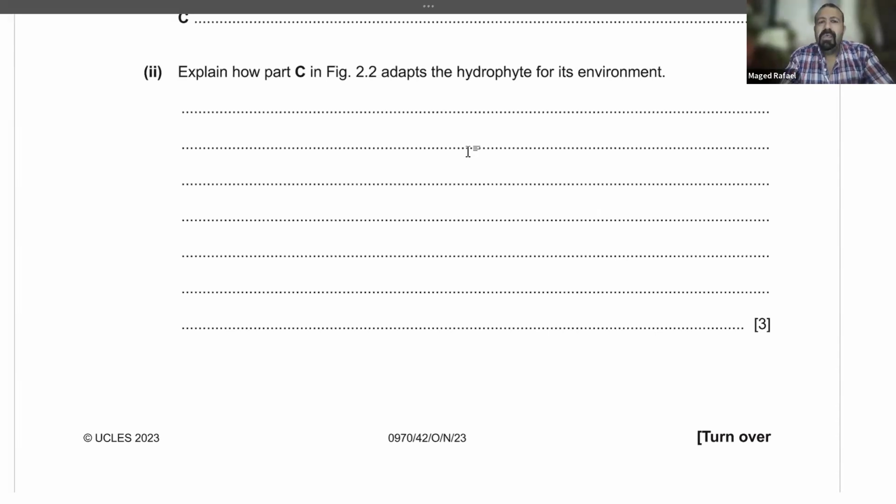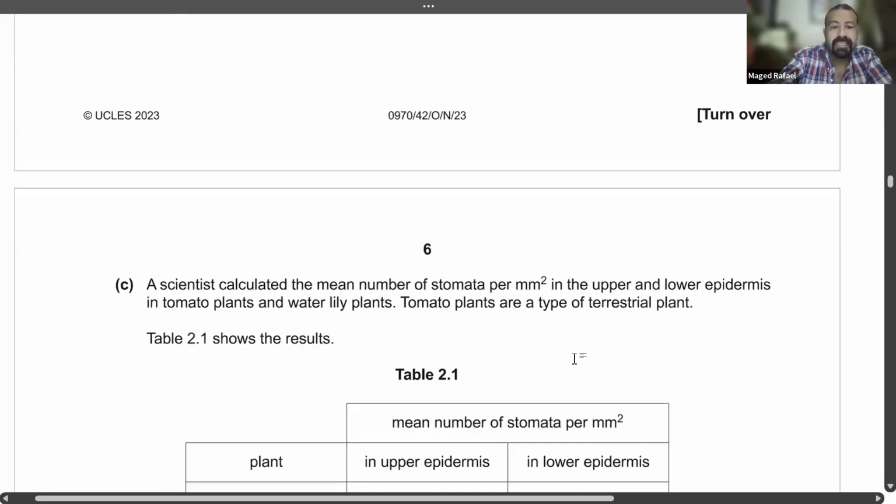So whatever your way of writing, you need to talk about many air spaces, you need to talk about density and how it reduces density, you need to say this allows the leaf to float, and finally this will help in photosynthesis.